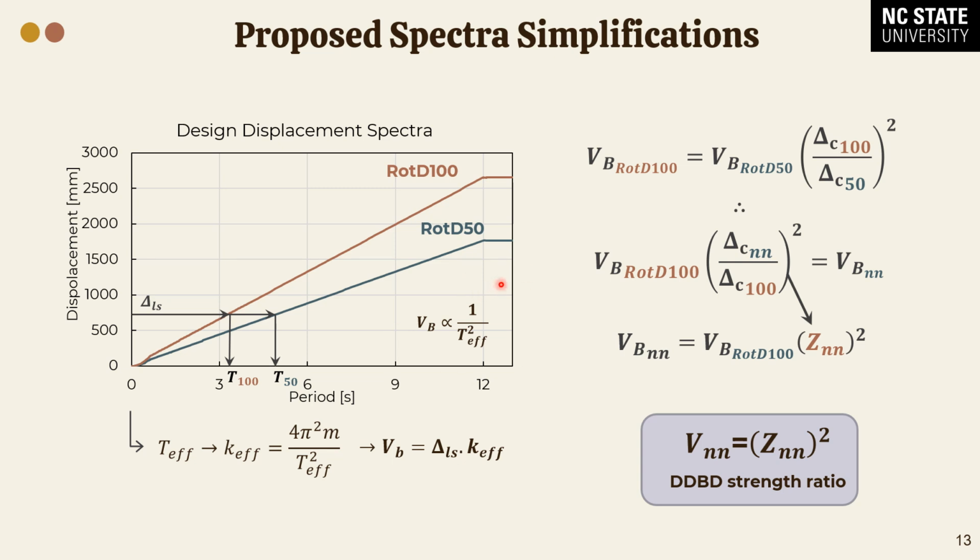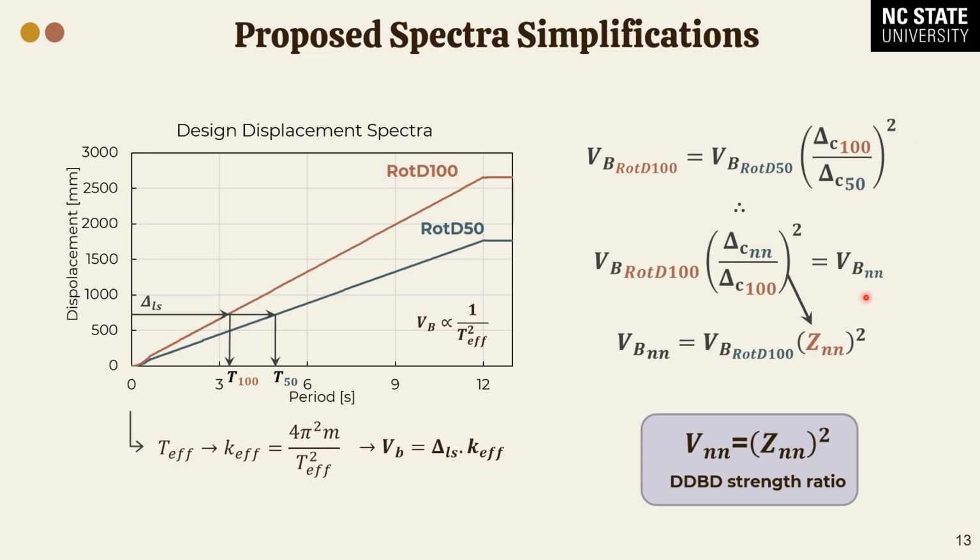With that relationship in mind, we can find the rho D100 base shear for the same structure limit state target displacement as a function of the rho DNN, in this case 50, times the ratio of the 100 to the 50 squared.